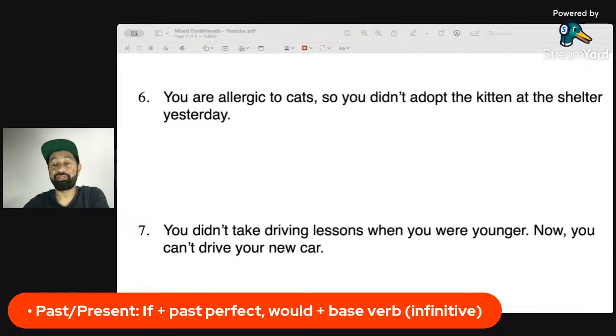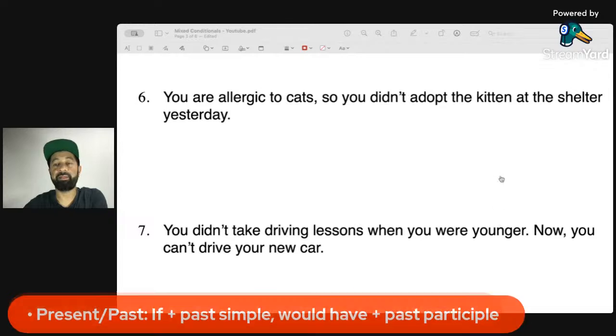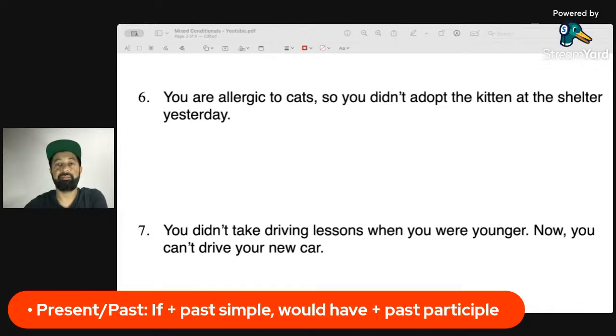I am actually allergic to cats. All right. So for me, what I would do for this one here, I would probably use this pattern here.